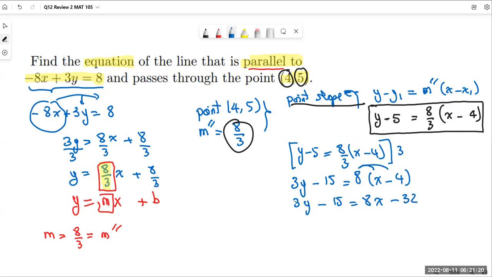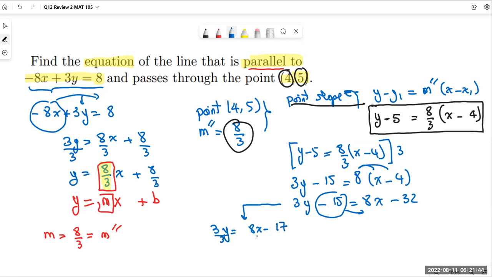And now there are two options for what you can do. You can start solving for y, for instance. If I want to solve for y, you're going to get 3y equals 8x. Move the minus 15 to this side. So minus 15 became plus 15, and that's going to give you minus 17 left.